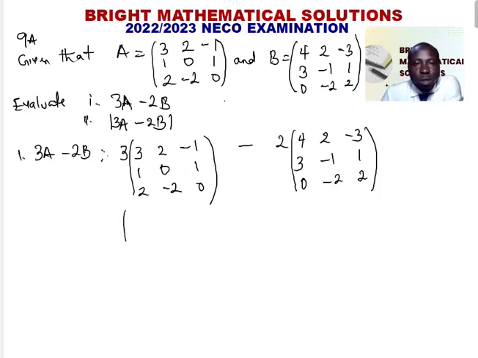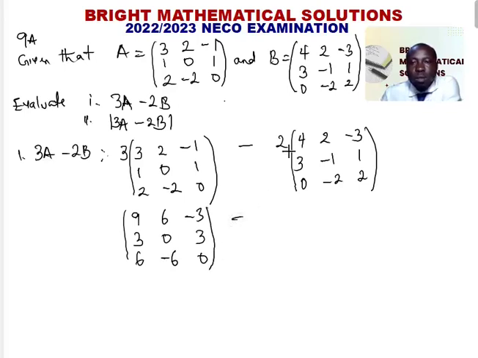So that will now give us 3 multiplied by 3, that's 9, 3 multiplied by 2, 6, 3 multiplied by minus 1, minus 3, 3 multiplied by 1, 3, 3 multiplied by 0, 0, 3 multiplied by 1, 3, 3 multiplied by 2, that's 6, 3 multiplied by minus 2, minus 6, and 3 multiplied by 0, that's 0.